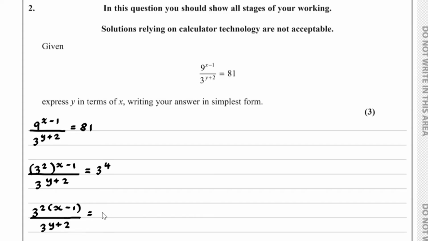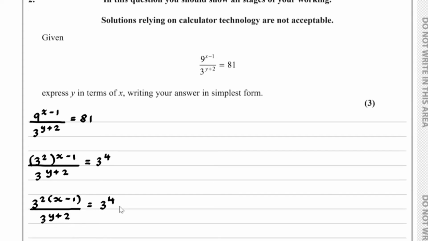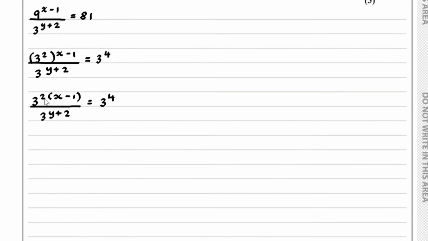This is equal to 3 to the power of 4. If we expand the brackets on the top, we have 3 to the power of 2x minus 2. On the bottom, 3 to the power of y plus 2. This is all equal to 3 to the power of 4.